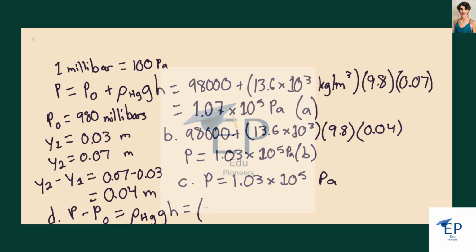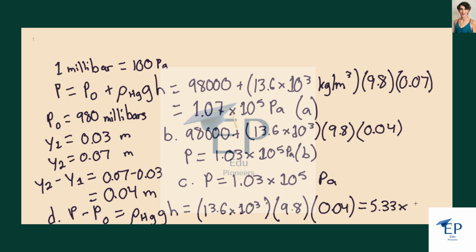So plugging in our constants, we have 13.6 times 10 to the third power times 9.8, acceleration due to gravity, times 0.04. And we find that the pressure is going to be 5.33 times 10 to the third pascals. So again, this would be the gauge pressure of the gas in the container.